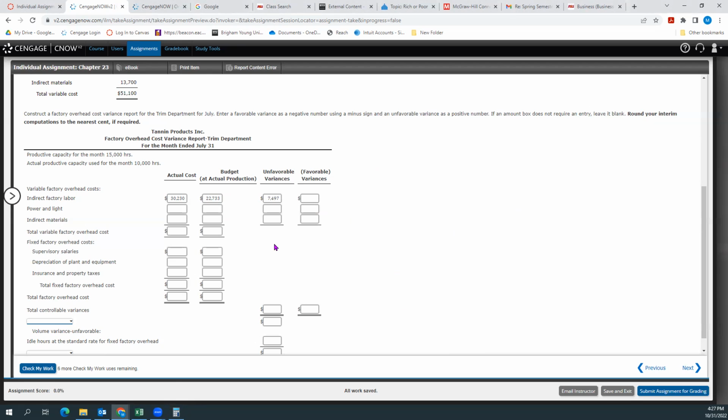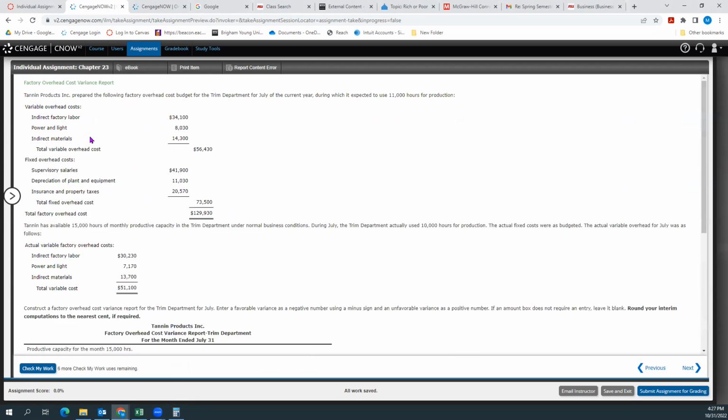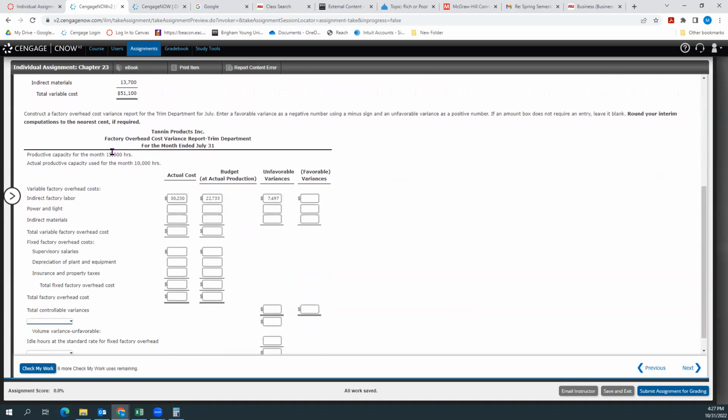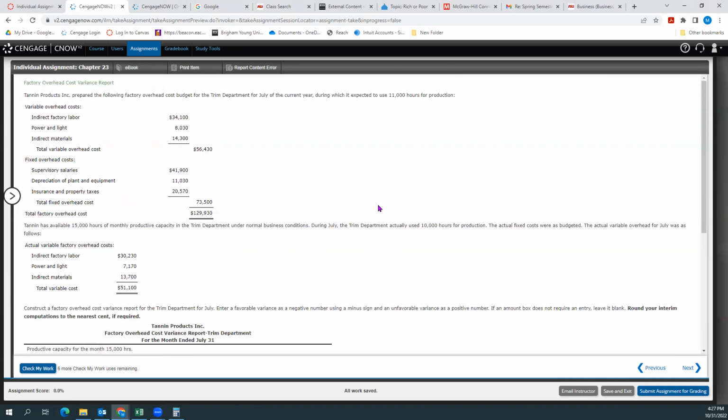We can do the same process now for our power and light. So we can see that we budgeted 8,030. Ooh, you know what? I made a mistake. I used 15,000 because I saw that as the productive capacity. But I just noticed up here, it says we expected 11,000 hours.